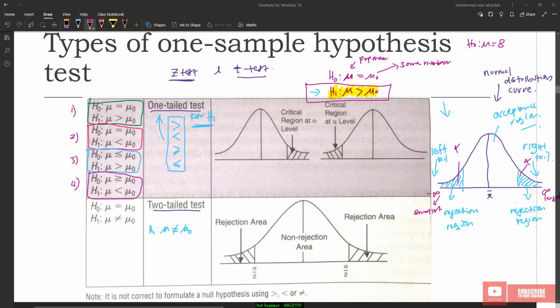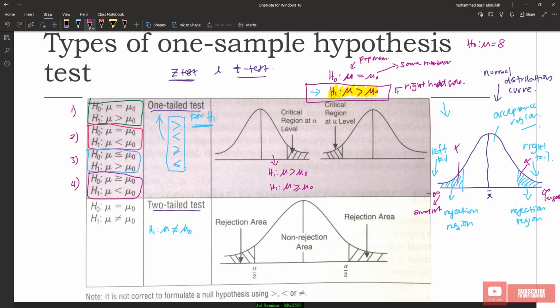Means, kalau mu is more than mu naught, maksudnya dia akan ke right hand side lah. This is when alternate hypothesis mu is more than mu naught, or mu is more than or equal to mu naught. Right? In this condition, this is the right tail.